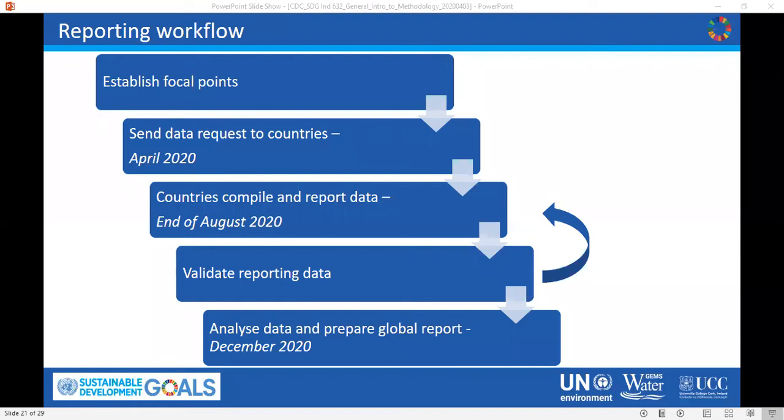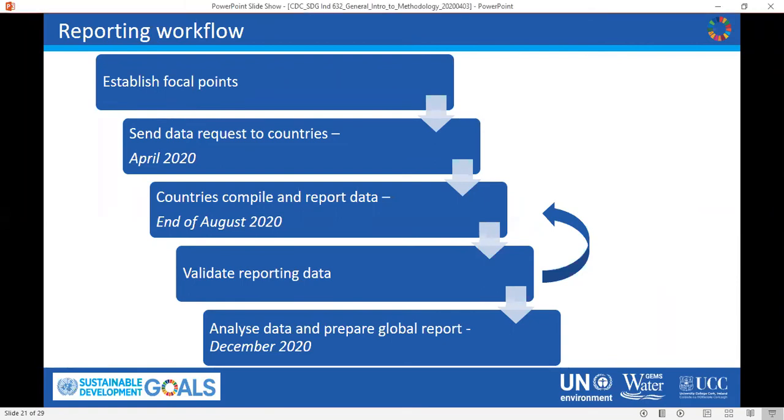Once the data validation has been finalized, the data will be analyzed and prepared for global reporting, both to the global SDG indicator database of UNEP, as well as the overall SDG indicator database of the United Nations Statistical Division. In addition to the database reports, we will also compile an indicator report that will give an overview of the current status of reporting at the global level.